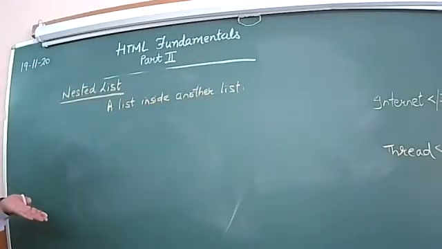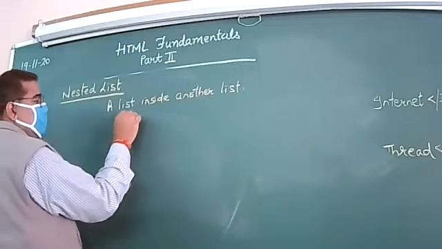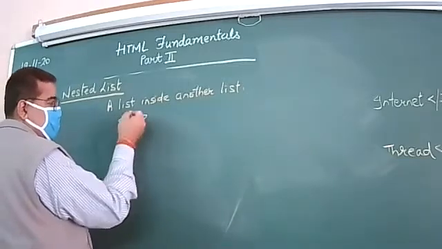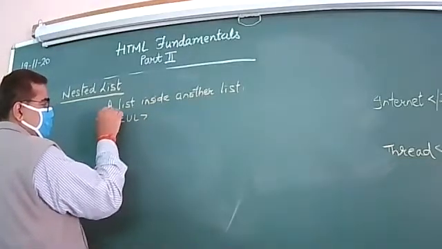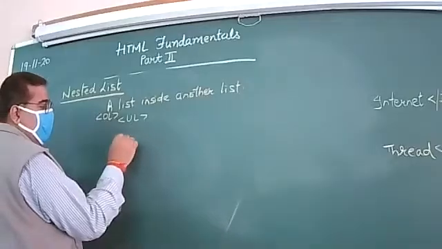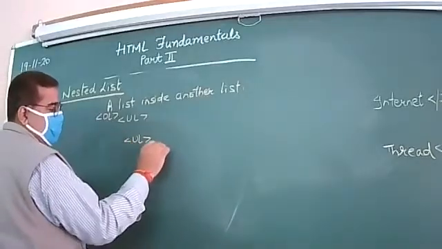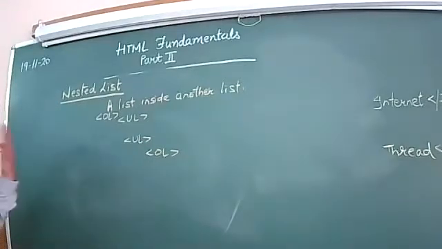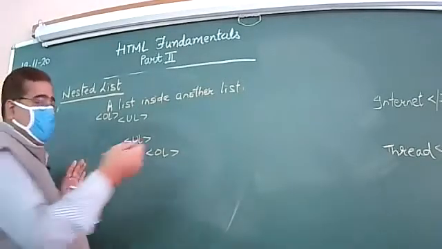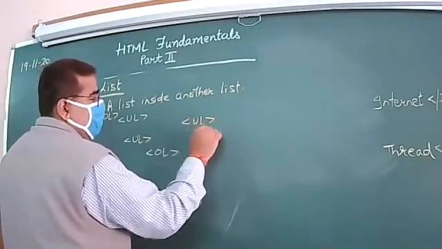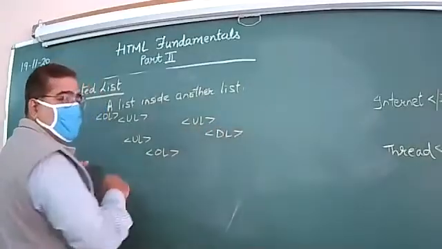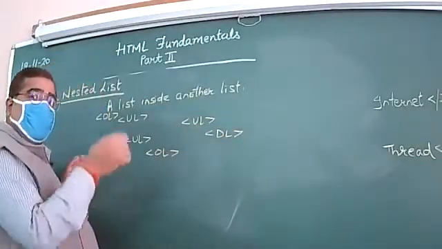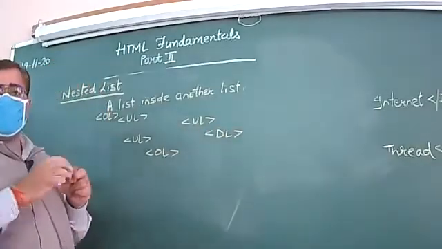It may happen you have a UL list inside an OL list, or an OL list inside a UL list, or it may happen you have a definition list inside a UL list. In any of the cases, the structure can come.